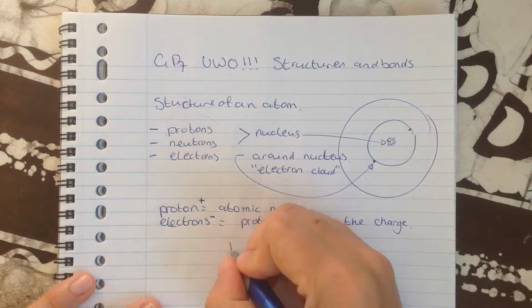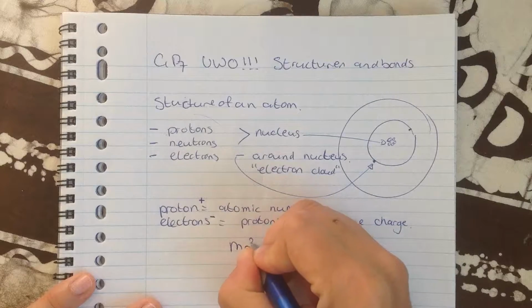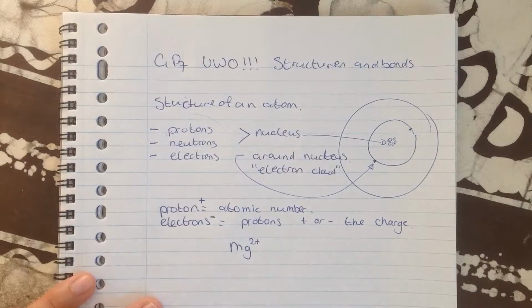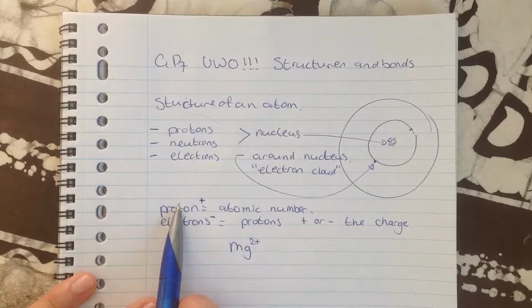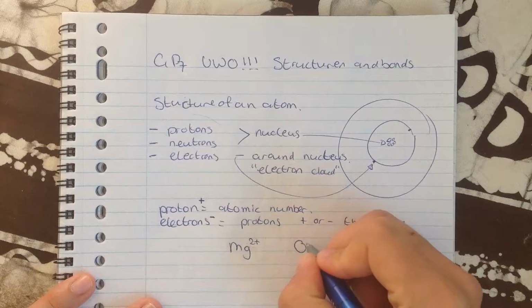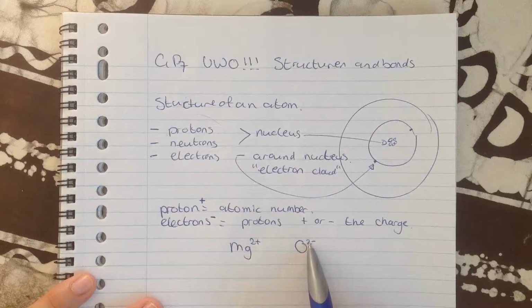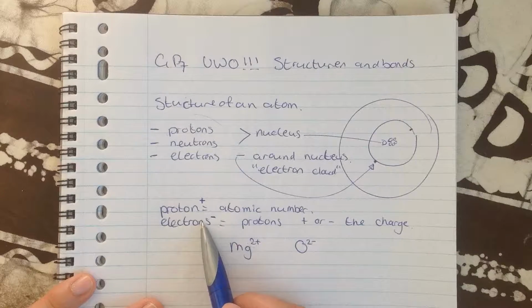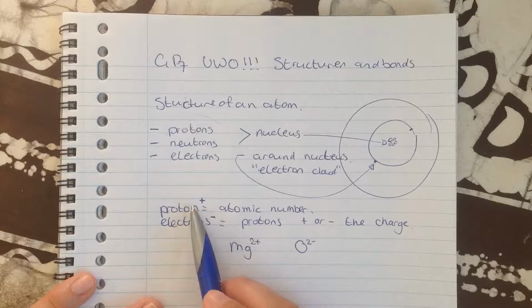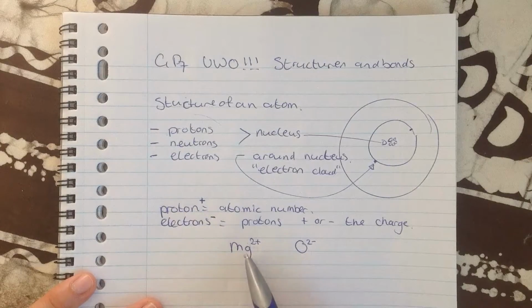If I have, for example, Mg2+, this means I have fewer electrons than protons, because an electron is negative and I have a positive charge, so I must have more protons than electrons. There's also O2−. The 2− means I have more electrons than protons, since it's negatively charged and an electron is negative.